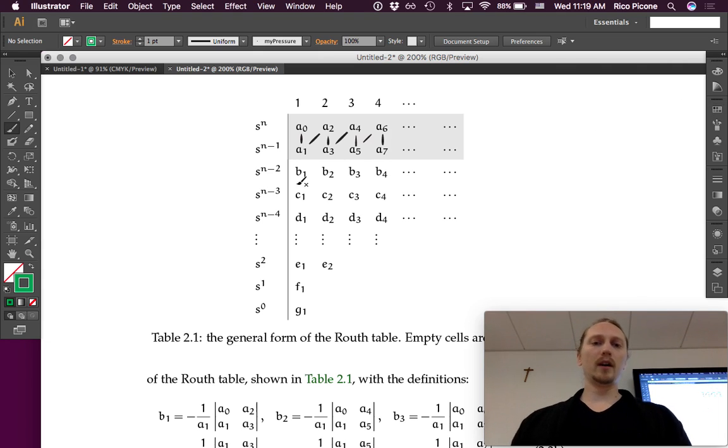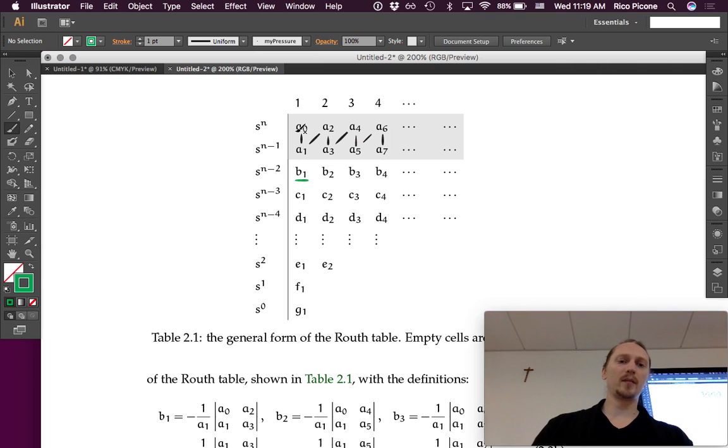So b1, I want to compute this. It is the determinant of this matrix. So it's the determinant of the matrix with a0, a1, a2, a3, and then multiplied by -1 over this term, a1. Okay? That's the first one.